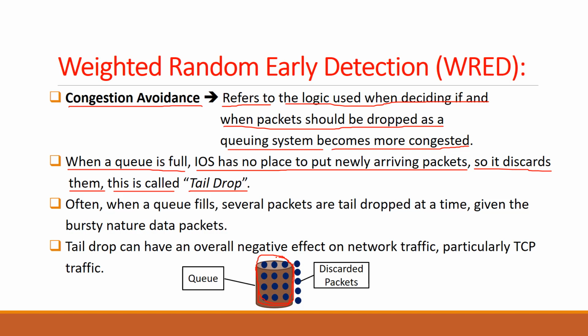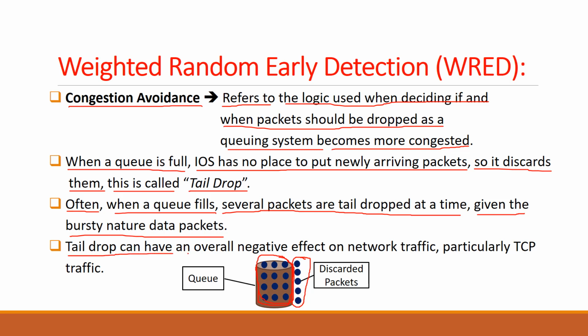Once it is full, a phenomenon called tail drop will happen. So the incoming packets will be dropped or discarded. This is called tail drop. Often when a queue fills, several packets are tail dropped at a time, given the bursty nature of data packets.